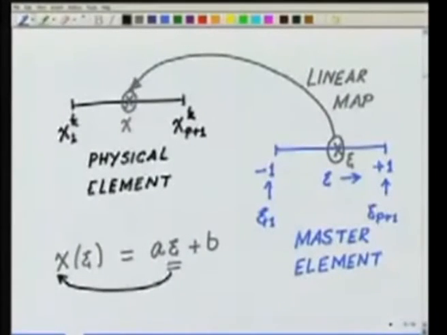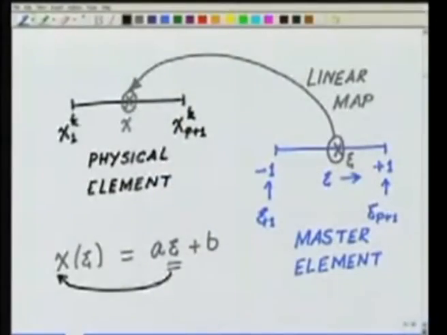Now, how do I define this linear map? So this linear map, what does it do? If I go back, it takes the point psi 1 to the point x1k, the point psi p plus 1 to the point xp plus 1k. Now to define a linear map, we have to give its value at 2 points. So we are going to give its value at the point psi 1 and psi p plus 1.